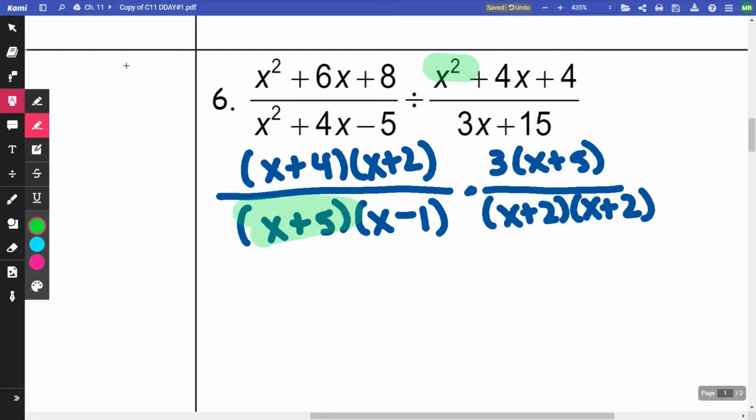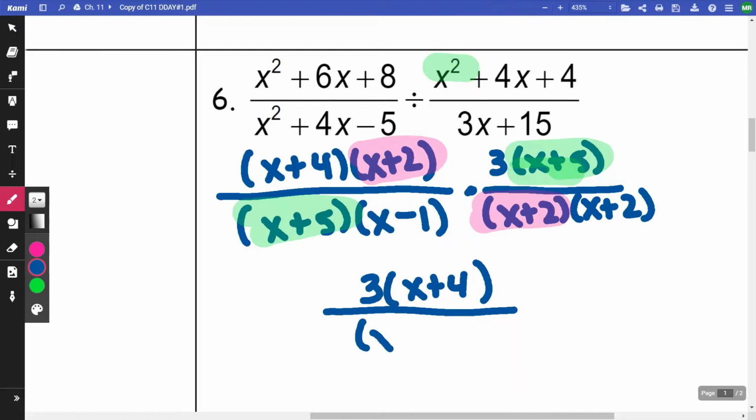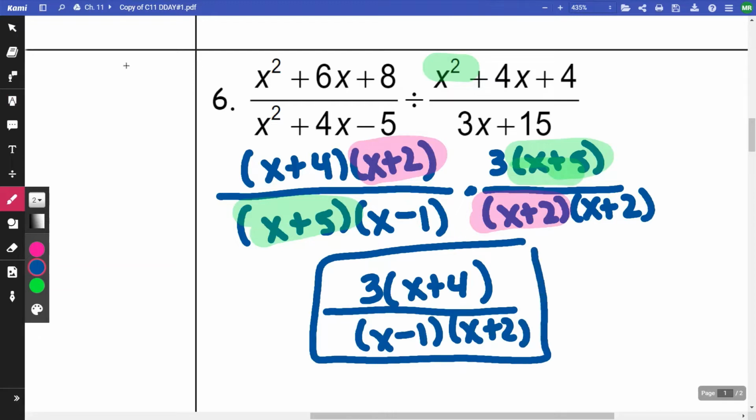So I have an x plus 5 and an x plus 5. I have an x plus 2 and an x plus 2. And that looks like that's all I'm going to have. So I'm going to have a 3 times x plus 4 over an x minus 1 times x plus 2. And that is going to be our answer.